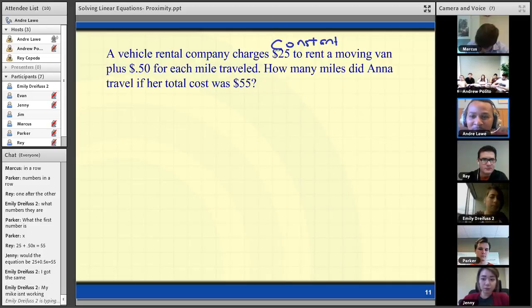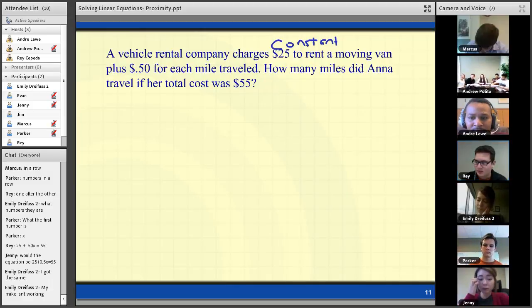Ray, do you want to jump in here and help Emily out with solving this problem? Sure, yes, thank you. The way that I did it is I basically followed that same equation that Jenny used.